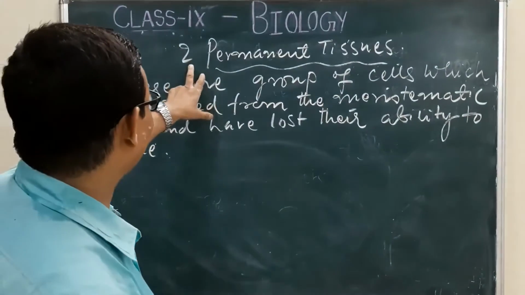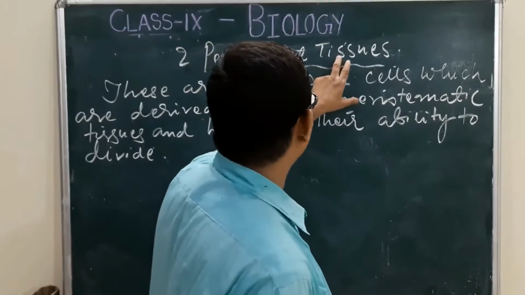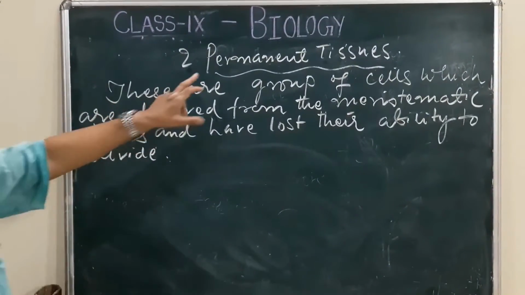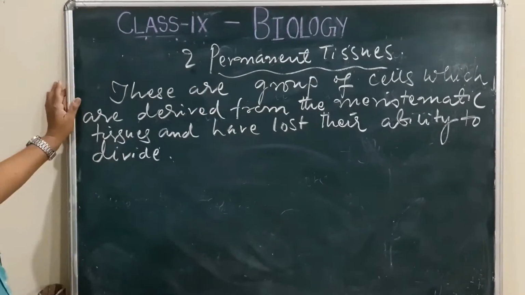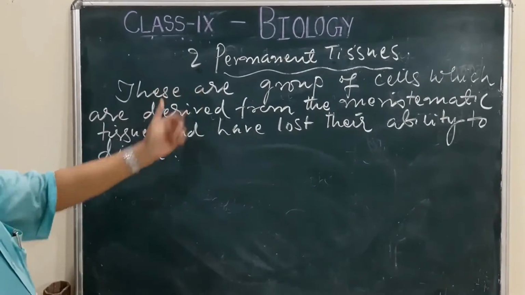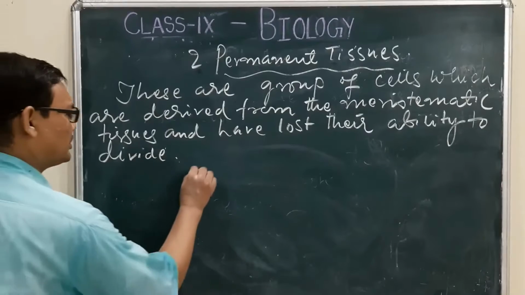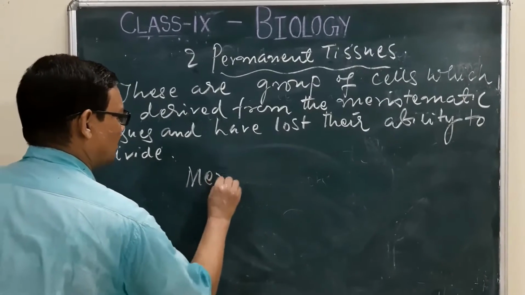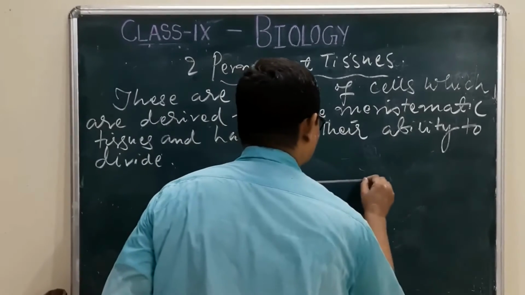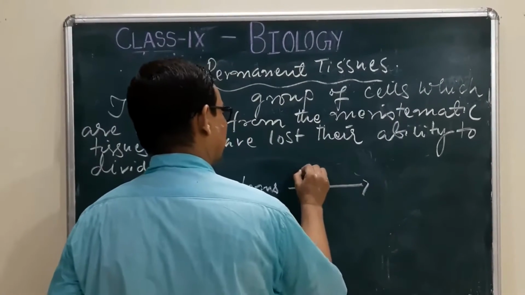An important type of plant tissue is the permanent tissues. The word permanent, what does it mean? Earlier we have seen the meristems. The cells always divide.